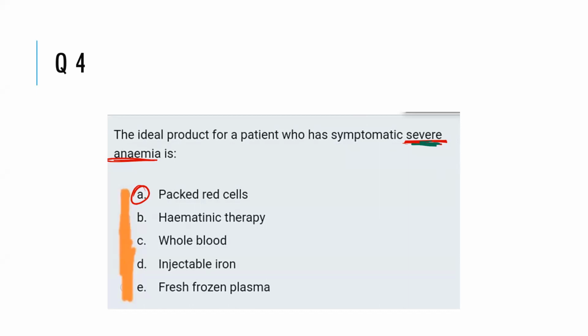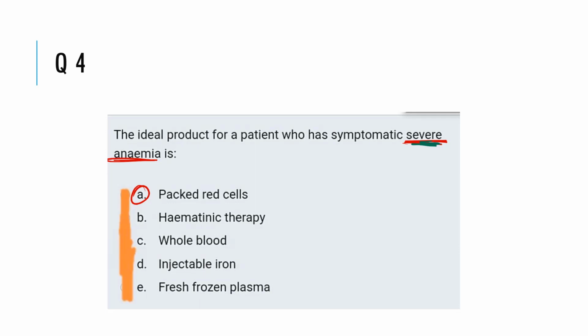If you give other products, let's say white blood cells, it won't help. When you give whole blood, you actually risk having a circulatory overload in a patient. So it's important to give just what the patient requires. In this case, packed red blood cells will increase the hemoglobin levels so that the oxygen levels are also increased. Giving other products may be assumed to be a waste, at least in my opinion.